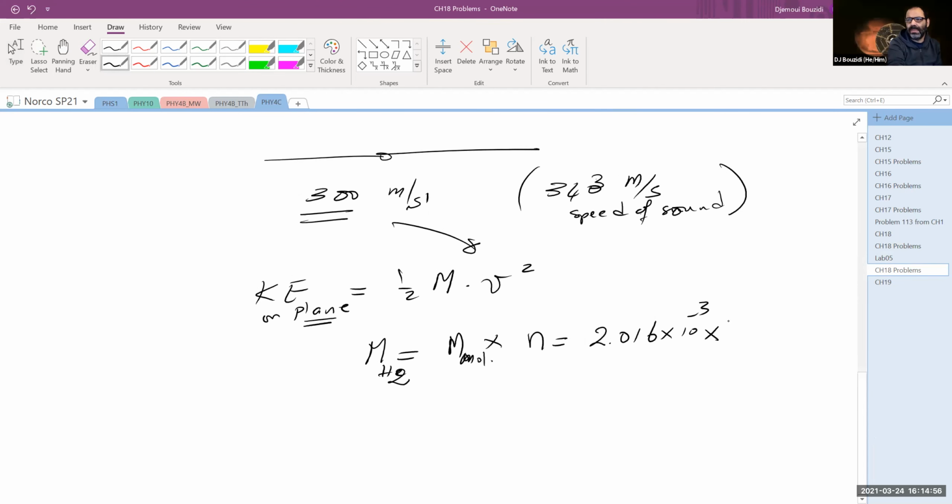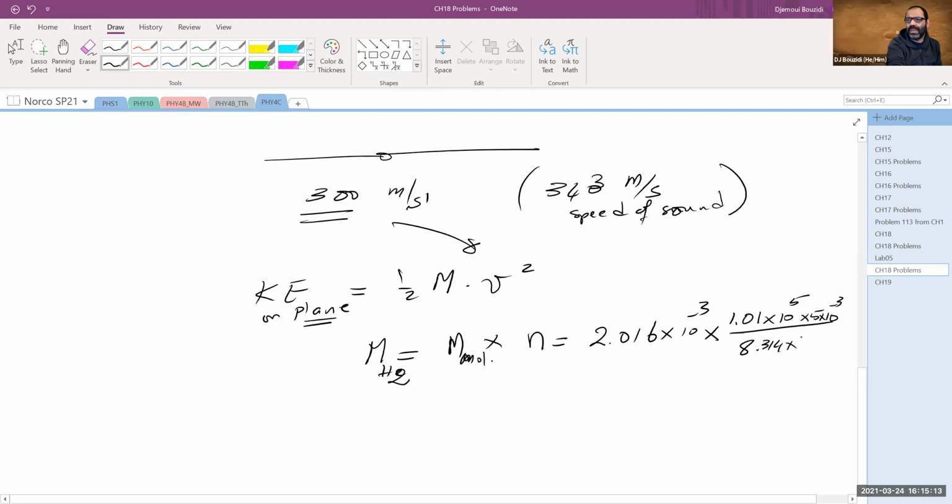So it's PV over RT, and P is 1.01 times 10 to the power 5, that is the pressure, times the volume, which is 5 liters, 5 times 10 to the negative 3, divide the whole thing by R, which is 8.314, times T, which is 300 Kelvin. Okay?